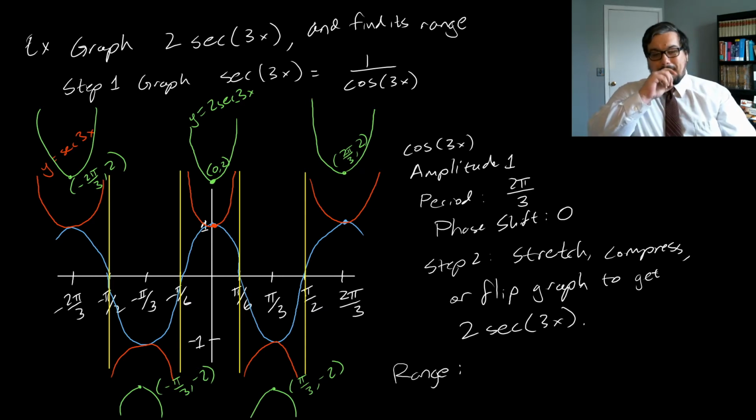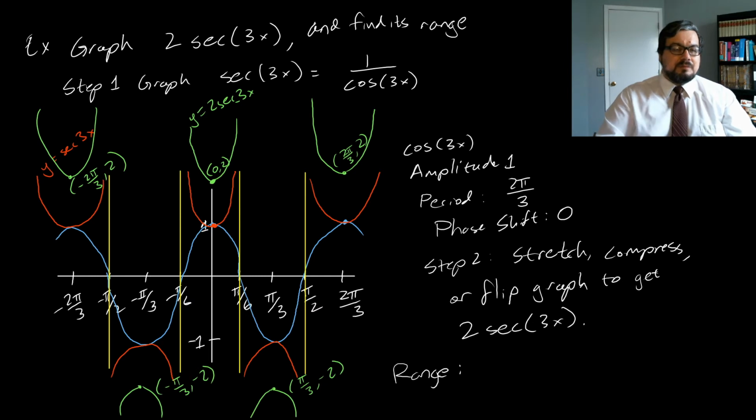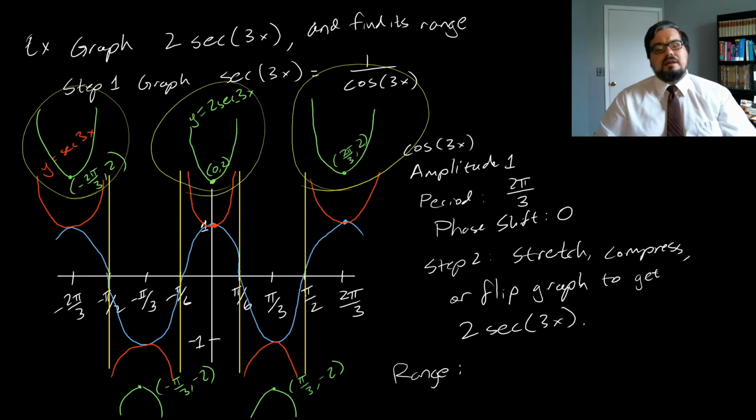So we can start with the upper components. These horseshoes up here, these are all copies of each other that are just repeating over and over again every 2 pi over 3 numbers, because that's the period of the function. And we can see that this horseshoe, the middle horseshoe, has a minimum y value of 2.